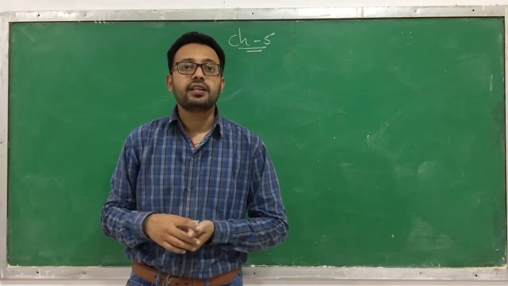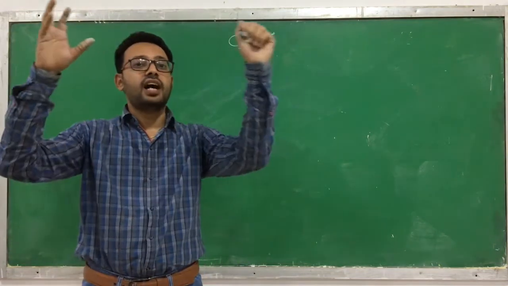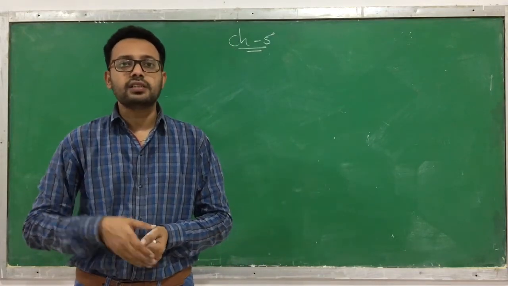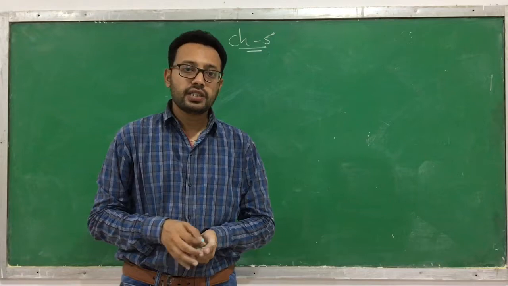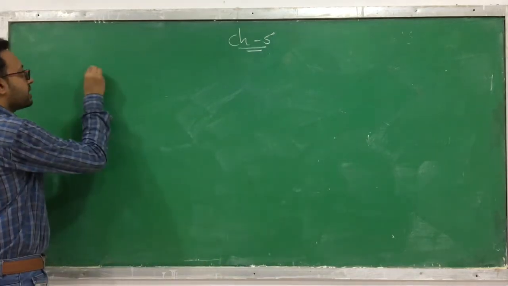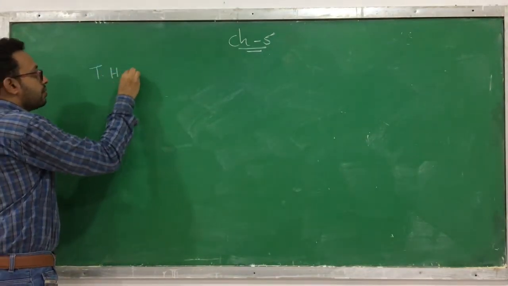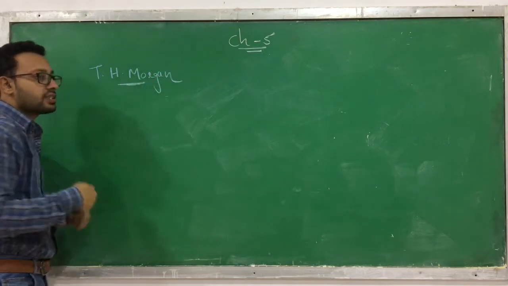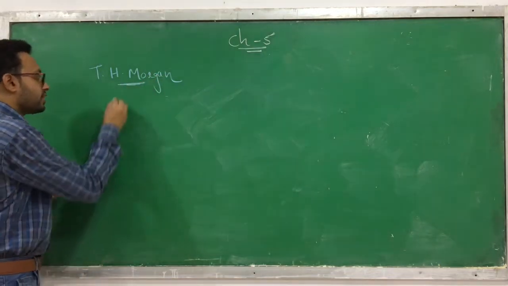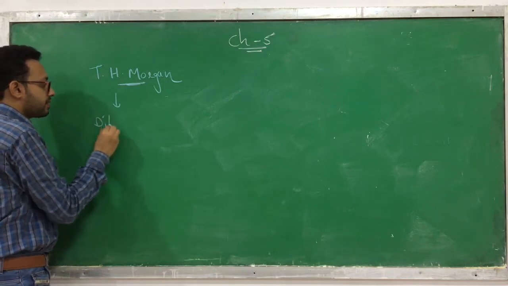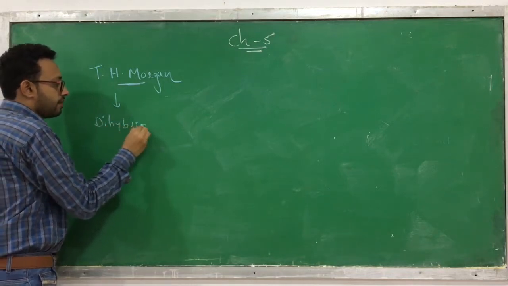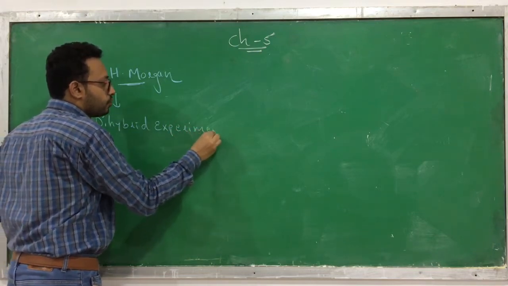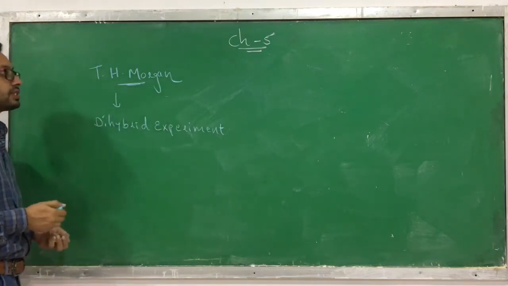So different scientists tried to see whether they also get the same result as Mendel. One scientist is T.H. Morgan. T.H. Morgan also started the experiment. He also performed the dihybrid experiment, meaning the experiment with two characters, or inheritance of two genes.